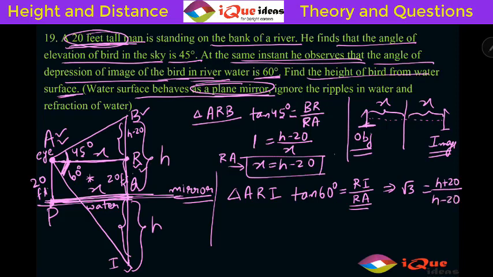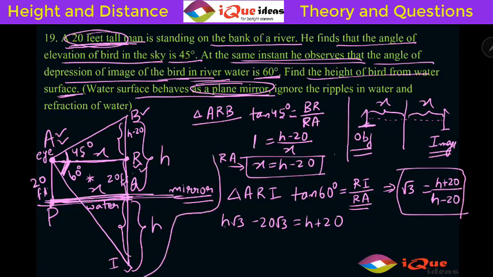Alright, so we just cross multiply. We just solve this to find the value of h. So from here we can see that h root 3 minus 20 root 3 is equal to h plus 20. So bring this h to the left hand side and 20 root 3 to the right hand side. So we have h root 3 minus h, which will become h common, root 3 minus 1. This 20 root 3 goes to the other side and gets added. So we get 20 into root 3 plus 1.